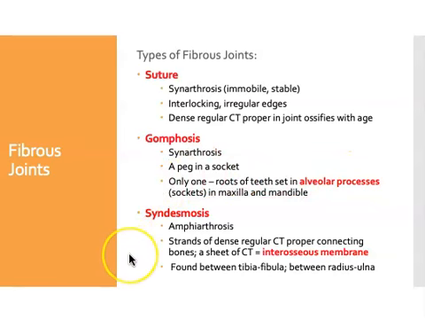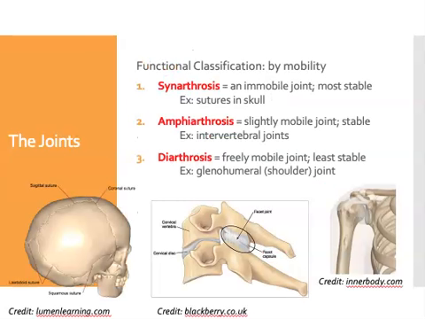The third type of fibrous joint is called a syndesmosis. These types of fibrous joints are the amphiarthrosis variety in terms of their movement. Remember, we said an amphiarthrosis type of joint is slightly mobile, but still quite stable.